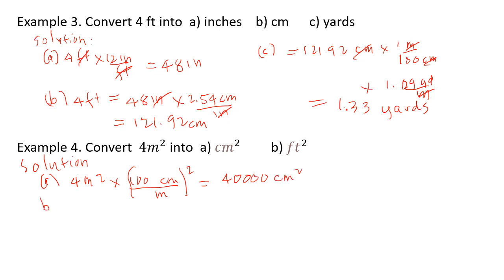For letter B, 4 meters squared times 3.28 feet per meter squared.